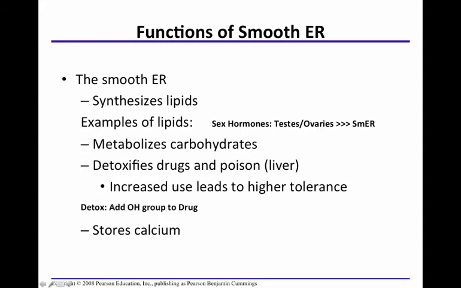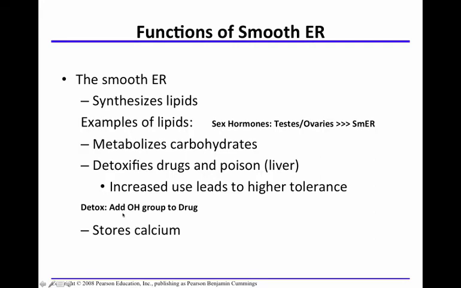Often when people are on drugs and they go through a detox program, one of the ways in which a detoxification will work is that the drugs that are given to the patients, the detox drugs, if you will, they add OH groups.